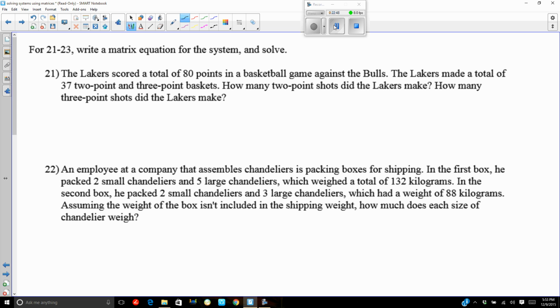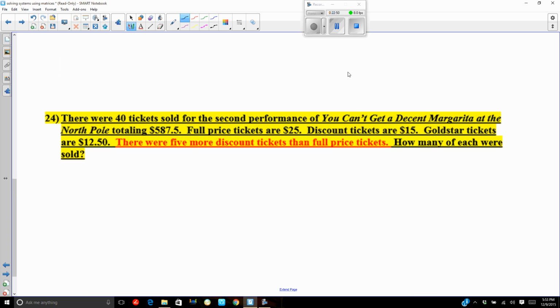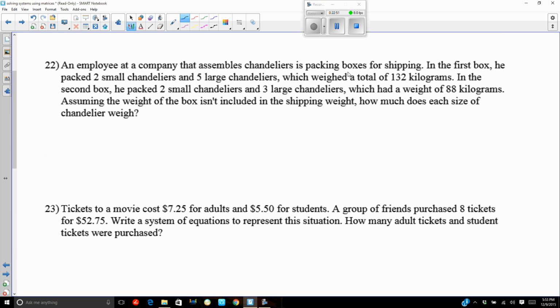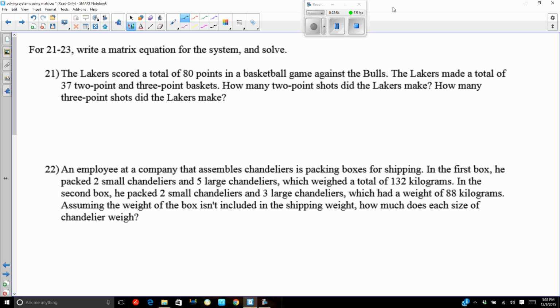All right, last page is the word problems. We are going to do 21, 22, and 23. So you want to start all these problems by identifying what your X and Y variables are going to be. I always tell everybody, look for the question. You know you're going to have two variables. The questions are going to tell you what they are.